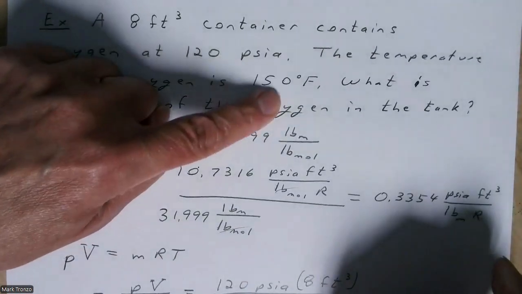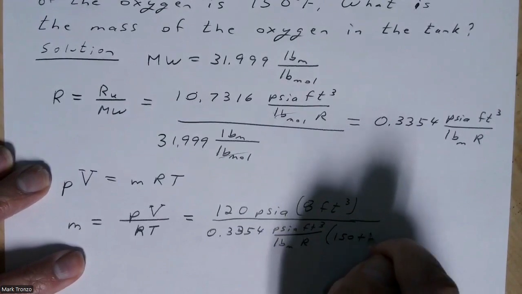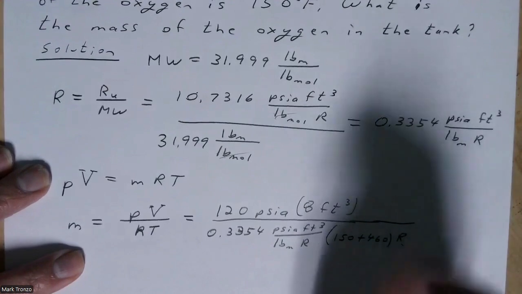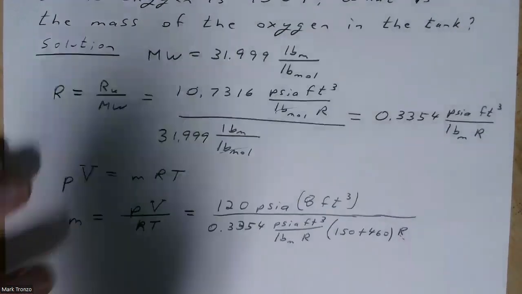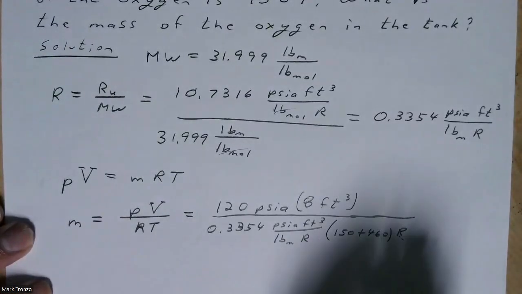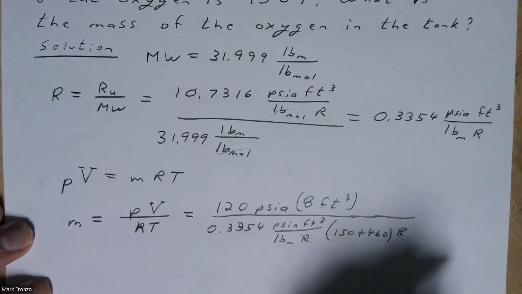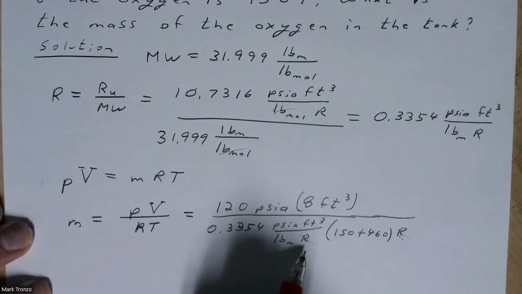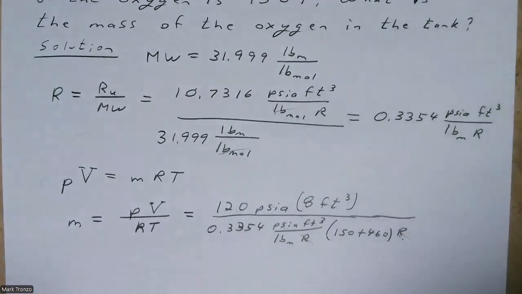Now we have to convert our temperature. That has to be 150 plus 460. Remember, using ideal gas laws, the temperatures always have to be absolute. And let's just check our units here. The R is going to cancel. The cubic feet cancels. The psi cancels. And then when we do the reciprocal, we'll end up with pound mass in the numerator.